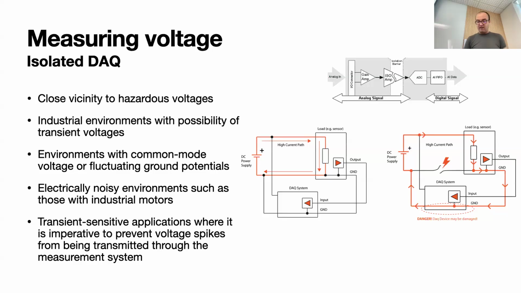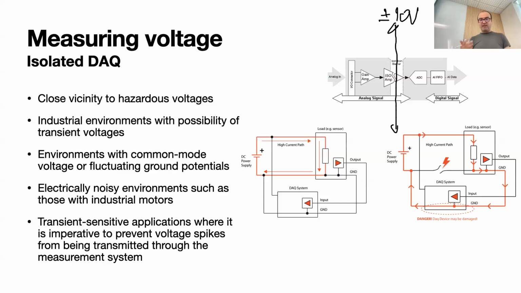That is why there are so-called isolated DAQ devices that have an internal protection that prevents these things from happening. But as I said previously, this protection is not almighty. It only protects plus minus 10 volts.